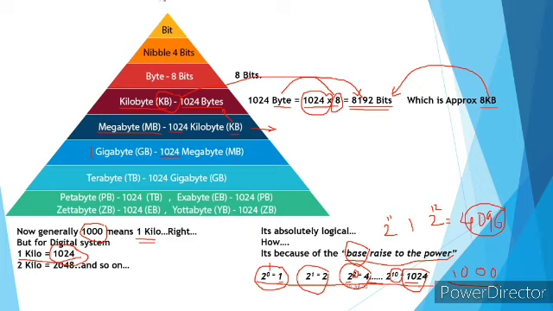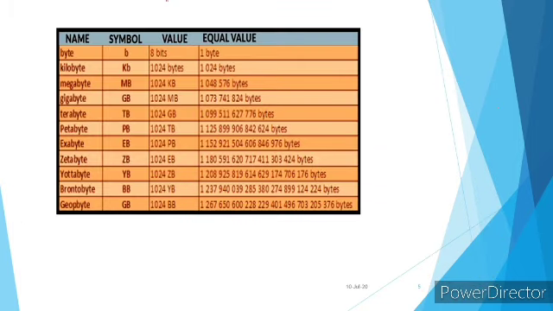I cannot even read that number, the number is so long. So that many bits are available in 1 GB of data, again because we have multiplied that with 8, and then 1 TB. So this goes on. This is what I am talking about.